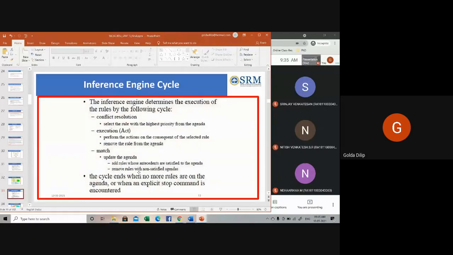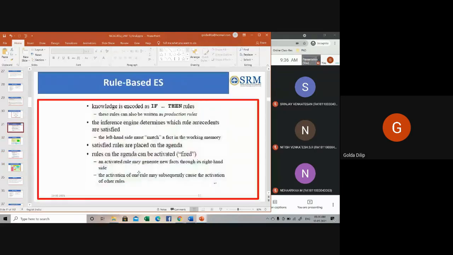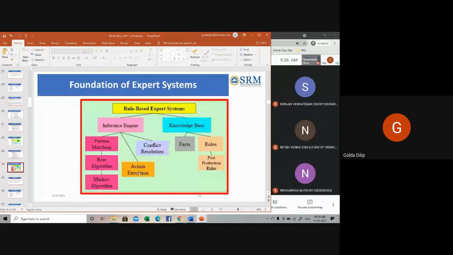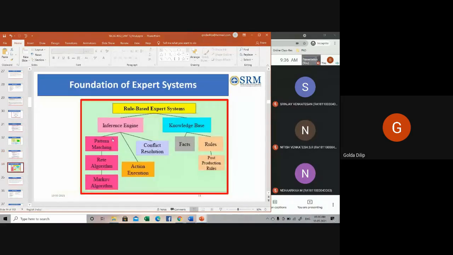We'll look into this diagram. You can see here in the diagram the pattern matching inference engine doing three things: conflict resolution, execution, and matching. Matching is all about pattern matching. Pattern matching can be done either with the RETE algorithm or the Markov algorithm. We'll look into one of the algorithms.